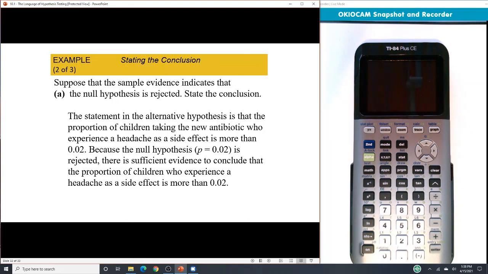Because the null hypothesis is rejected, there is sufficient evidence to conclude the proportion of children who had this side effect is more than 0.02. So since we rejected the null hypothesis, we can conclude that more than 0.02 were affected.